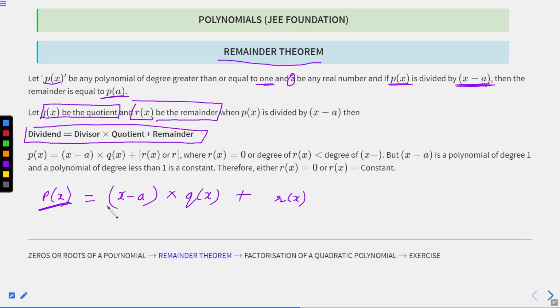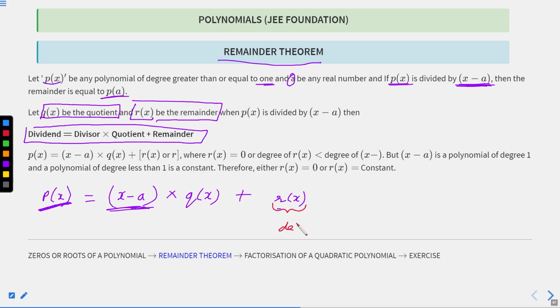Taking that analogy, we say that Px is any polynomial, and if this is my divisor, then divisor times some quotient plus some remainder will give me my original polynomial.